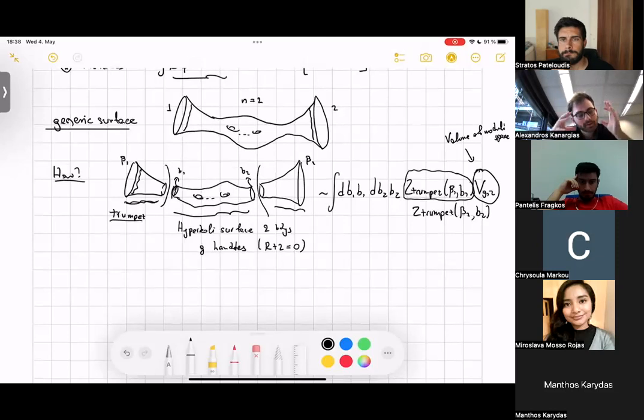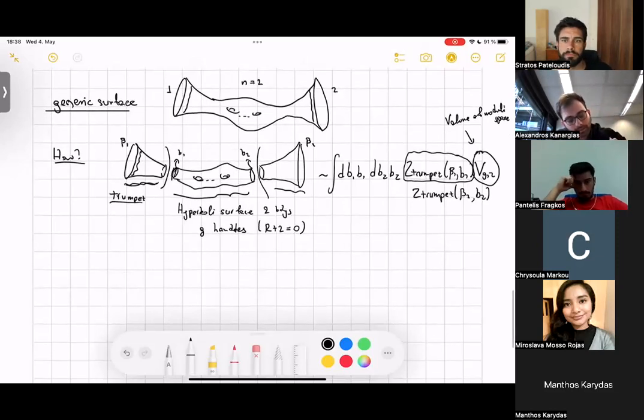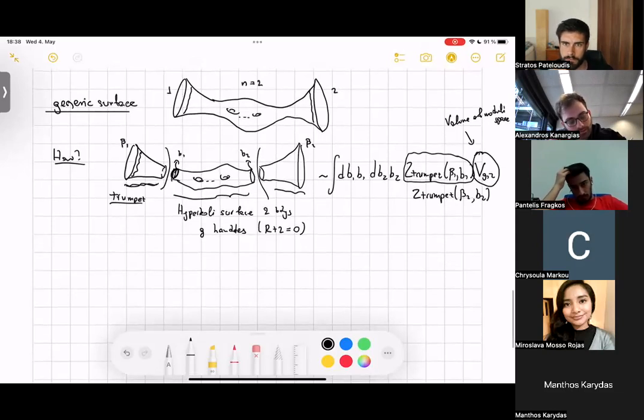When you glue things back together, you have to integrate over all the possible lengths of this geodesic. So you can glue them with a small geodesic or a large geodesic, and this will give you a different contribution. There's also a B here: if you glue two things together, you might glue them directly, or you might twist one and then glue, so this B comes from this twisting.